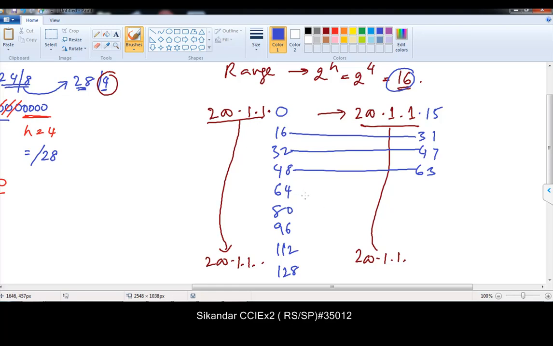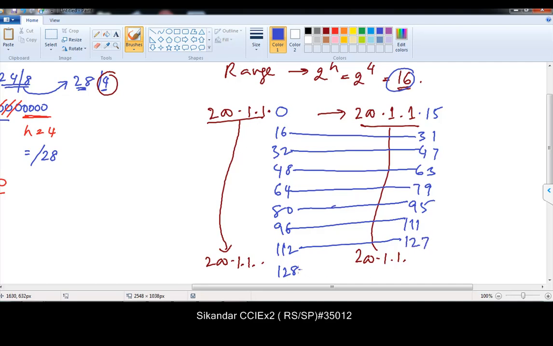because the next network starts on 64, which means my network ends on 63. So the next network, 64 to 79, is one network, 80 to 95 is another network, 96 to 111 is another network, 112 to 127 is another network, 128 to 143 is another network.